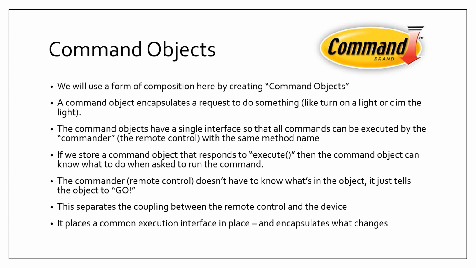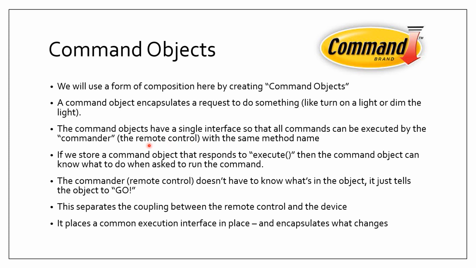And it will encapsulate it under a single common interface so that every piece of code that controls the TV or the stereo or the hot tub is now encapsulated under an interface that gives us a single command to execute the unique code that's inside. And when we do that, we're putting a generic interface in front of our action objects. So the command objects will have a single interface that can be used and executed by the commander.